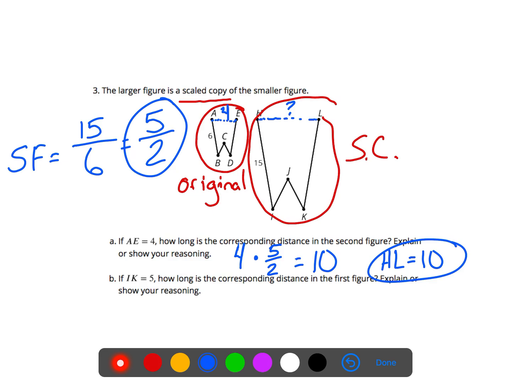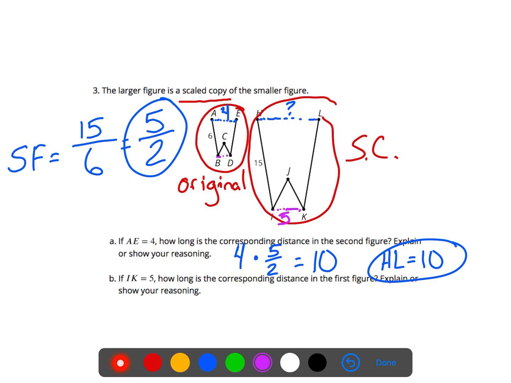Then it asks us again, if IK equals 5, IK is the distance on our scaled copy. If IK is 5, what is the corresponding distance on the original figure?